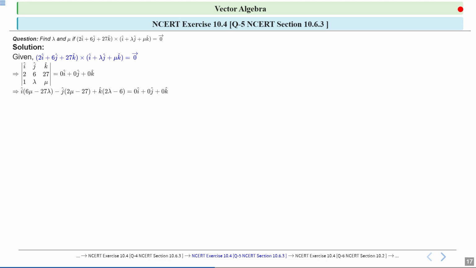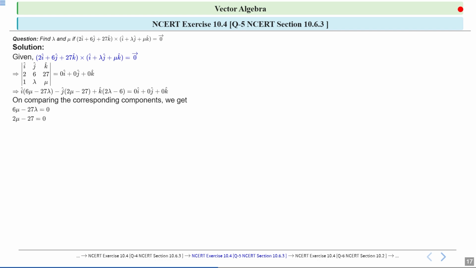After solving this, we get (6 mu minus 27 lambda) I cap minus j cap into (2 mu minus 27) plus k cap into (2 lambda minus 6) is equal to 0 I cap plus 0 j cap plus 0 k cap. On comparing the corresponding components, we get 6 mu minus 27 lambda equal to 0, right?